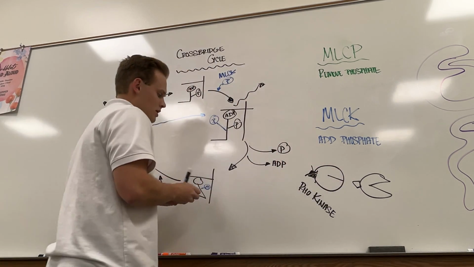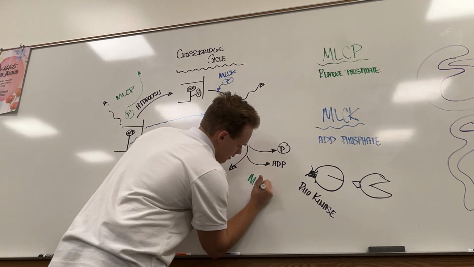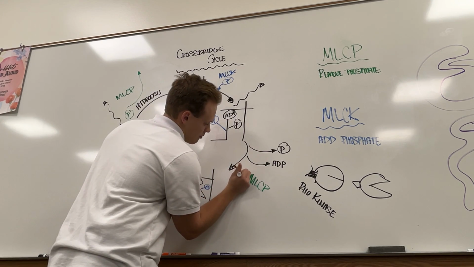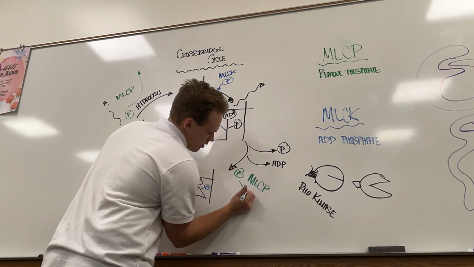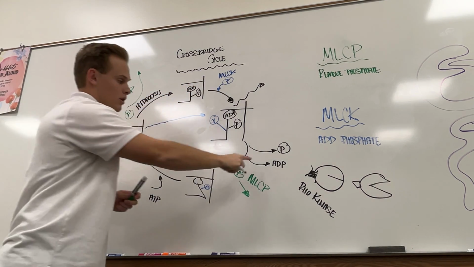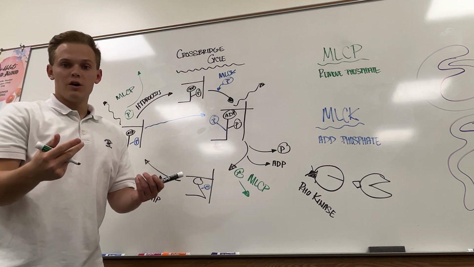What MLCP is going to do is right here in this step, it's going to come in and remove your extra phosphate from MLCK. So now we lost our regular phosphate, we lost our extra phosphate, so we have no phosphate.